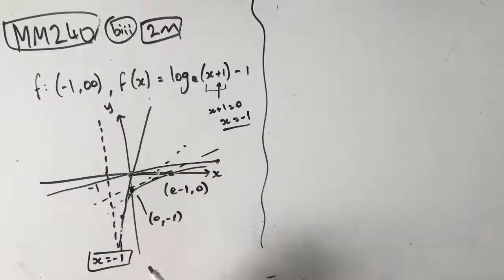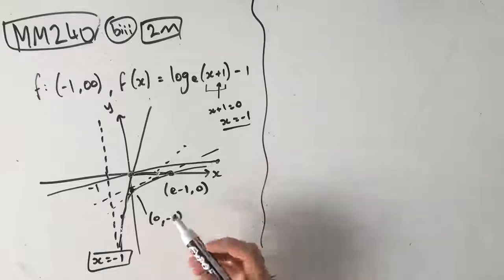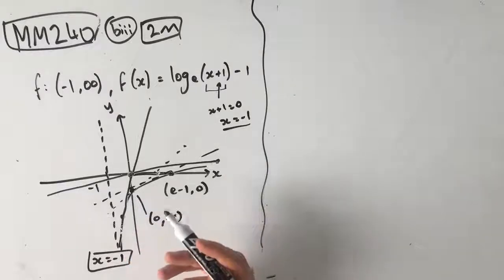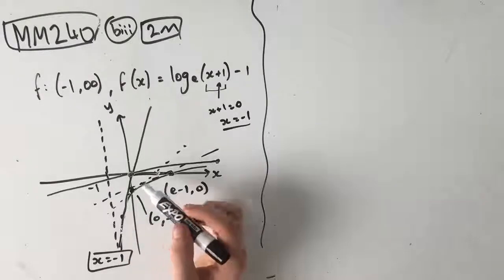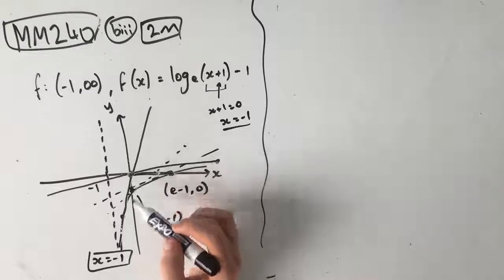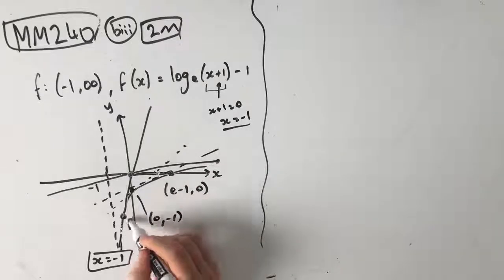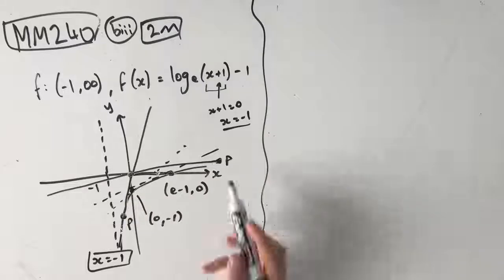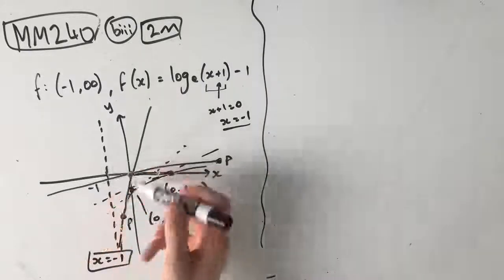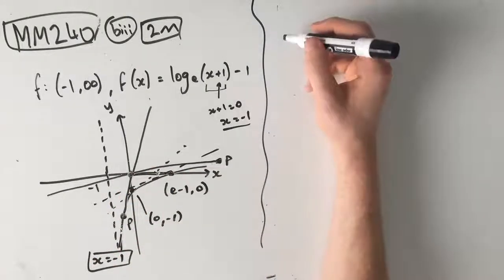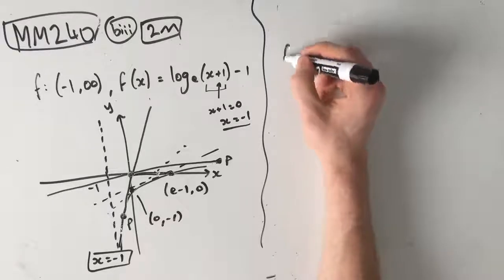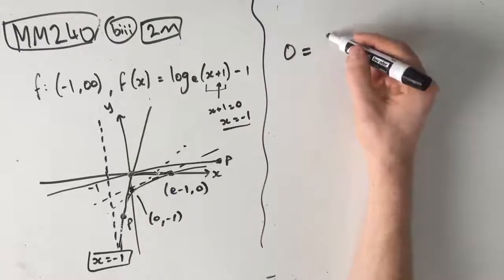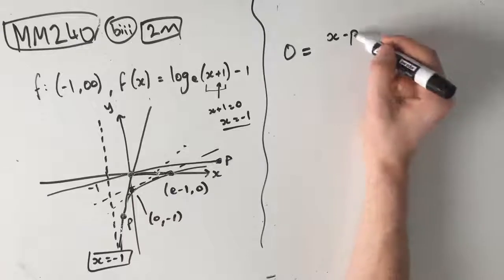So what that means is our tangent equation is going to have to equal 0, right? Because t of x equals 0, which means that we need to find the points of p. So here there's a p value, here there's a p value, and we're going to need to find these p values for which this occurs, right? So we know that the intercept occurs at y equals 0. So 0 equals our tangent, right? So x minus p.